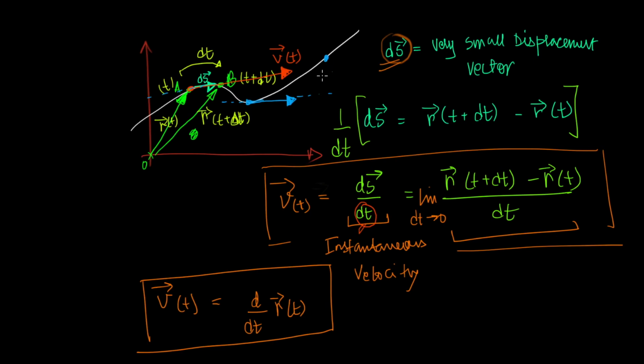And if you were to do the same thing there, well, the tangent would be in this direction, therefore the velocity must also point in this direction at that point of time. So that is how you define instantaneous velocity for a particle moving in a certain trajectory at that instant of time. And you use the definition of derivatives, which is given in calculus, as the derivative of the position vector at that instant of time.